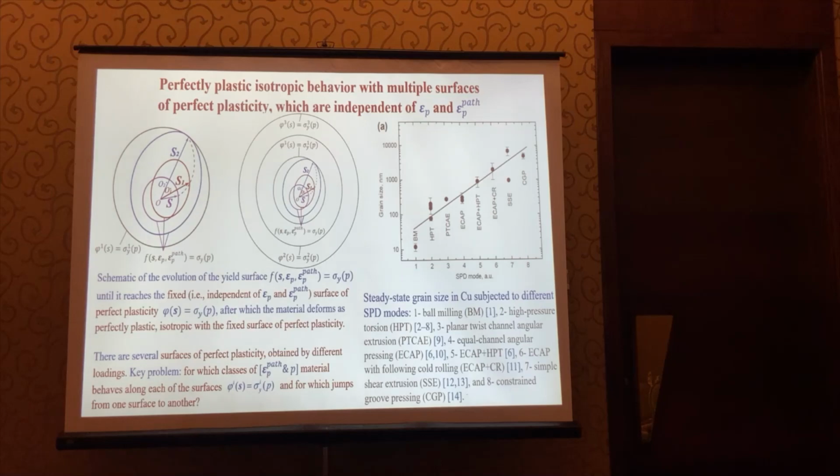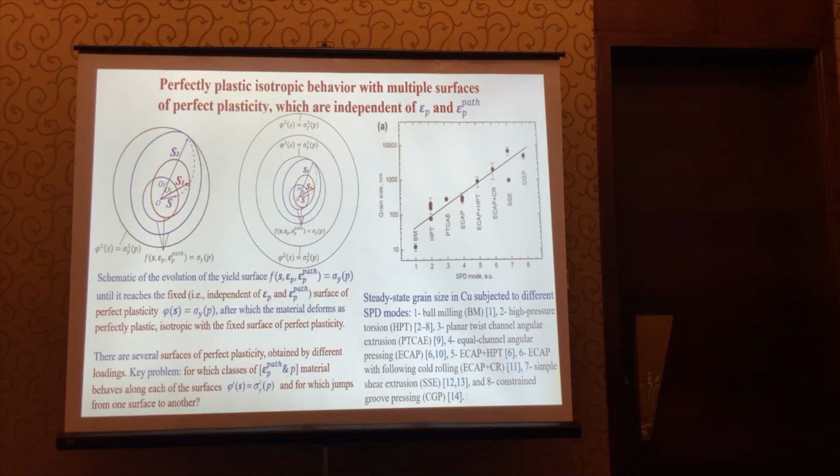But because we have several different steady states with different grain size and dislocation density, we have several such surfaces. And now a key problem: for which classes of plastic strain path and pressure does the material behave along each fixed surface, and for which does it jump from one to another?